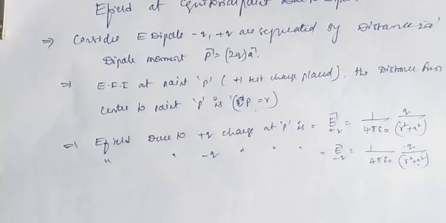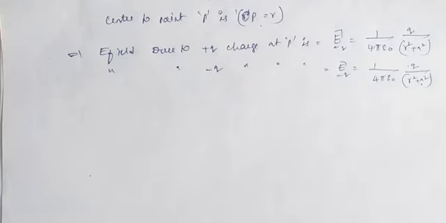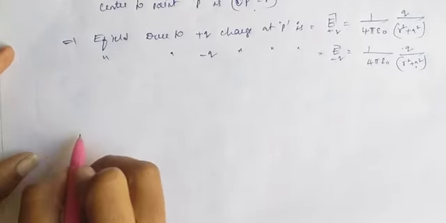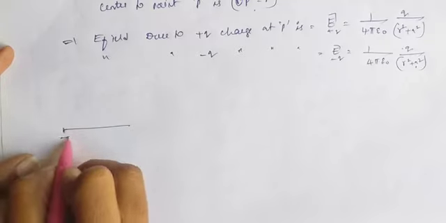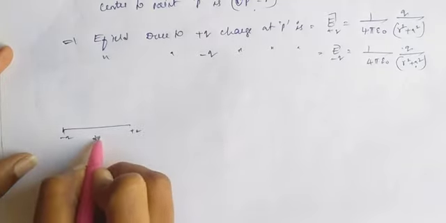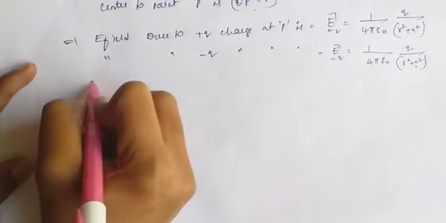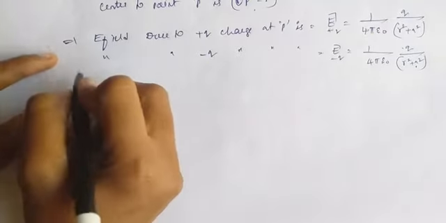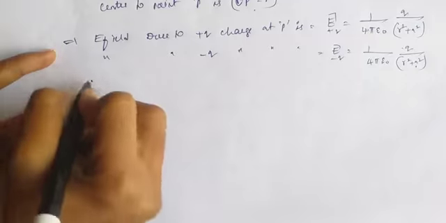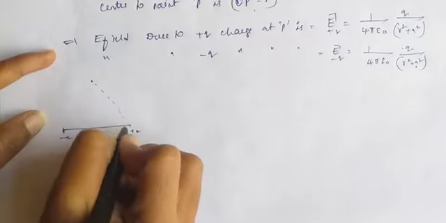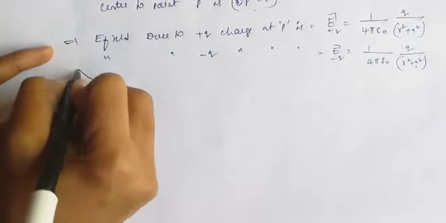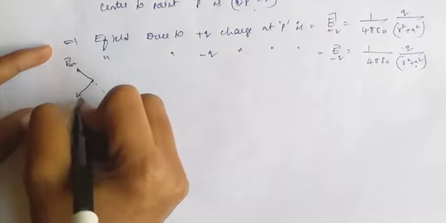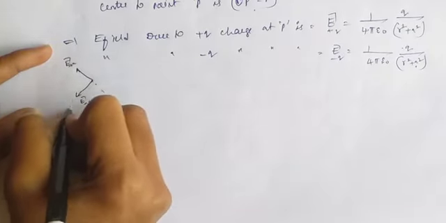So here in the dipole case, as this is a dipole, minus q and plus q, separated by distance 2a, we want the electric field at this point. The electric field direction due to the positive charge, this is the positive charge, so here we are getting the E field due to positive charge, and this is the E field due to negative charge.